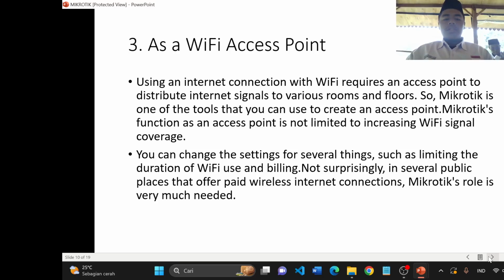You can change the settings for several things, such as limiting the duration of Wi-Fi use and billing. Not surprisingly, in several public places that offer paid wireless internet connection, Mikrotik's role is very much needed.